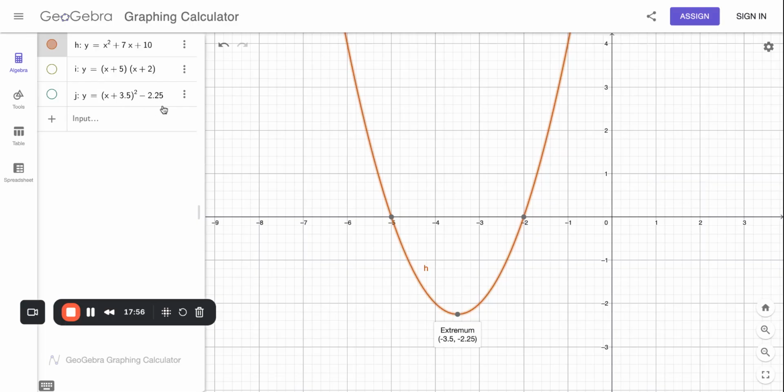You also happen to find the y value for your turning point. So what value makes x plus 3.5 equal 0? Well, negative 3.5. But when this is 0, y itself is equal to negative 2.25, and that means that my turning point is negative 3.5, negative 2.25. So the completed square form gives you the turning point.